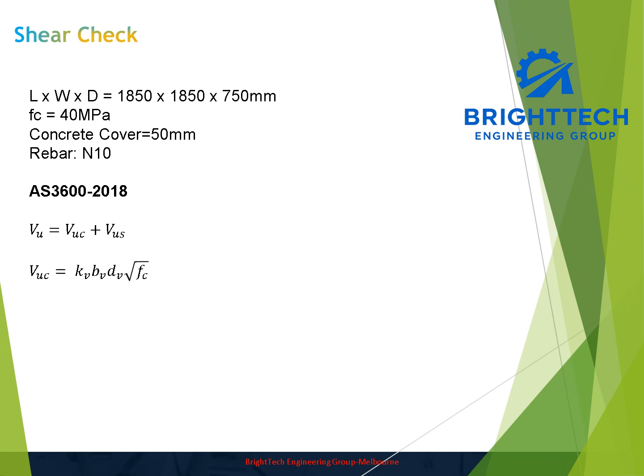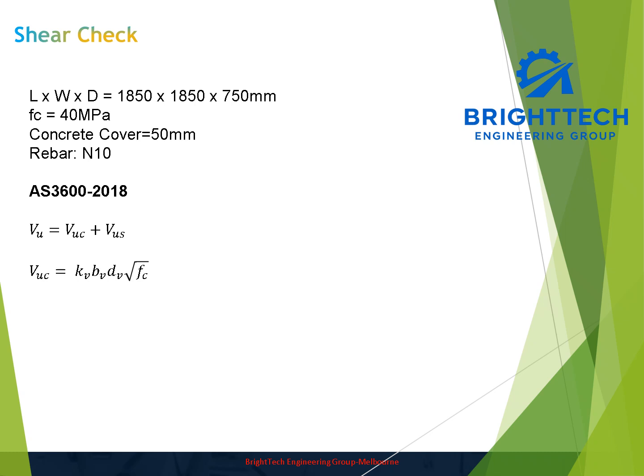And here is the shear check, the lengths, widths, and depths. Here is the footing dimension, and the concrete strength is 40 MPa, and concrete cover is considered to be 50 mm, and we use N10 rebar as the mesh.